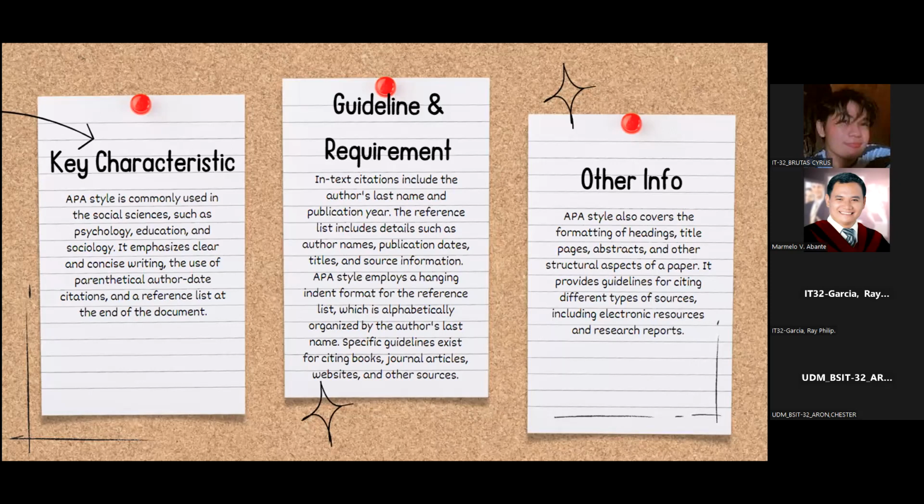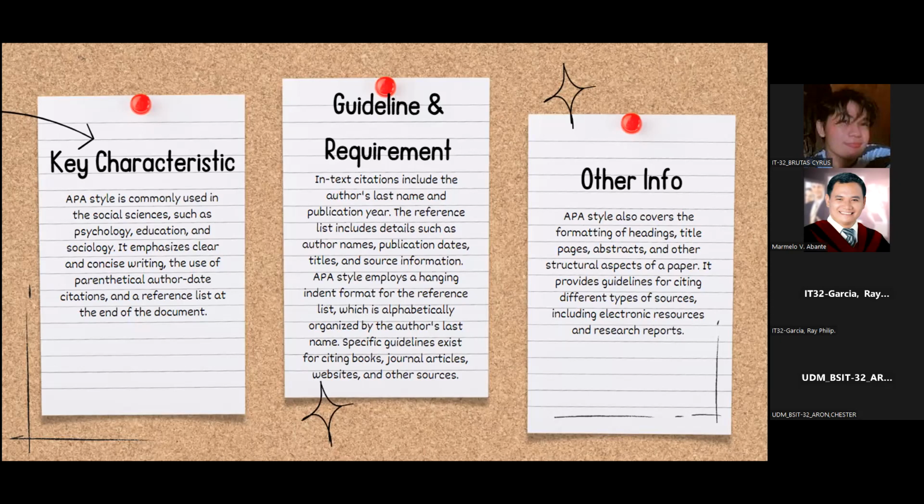The reference list includes details such as author names, publication dates, titles, and source of information. APA style employs a hanging indent format for the reference list, which is alphabetically organized by the author's last name. Specific guidelines exist for citing books, journal articles, websites, and other sources.